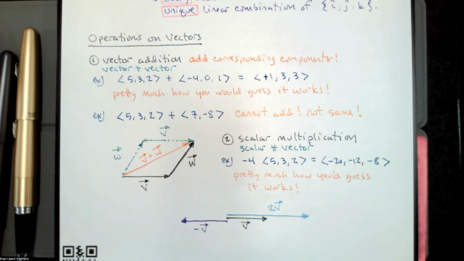Is everybody okay? Everything so far has been exactly like you would guess. You could put this on a quiz and hand it to a student and not explain anything about vectors, and this is what you would probably come up with. Like in linear algebra, when you add matrices, they have to be the same size.